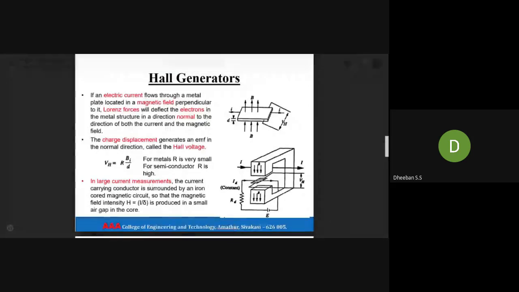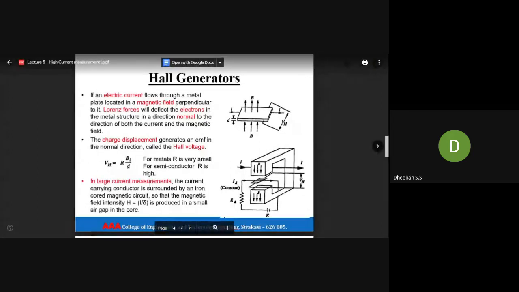Current is nothing but the flow of electrons, so these electrons will be deflected in the direction perpendicular to both the magnetic field and current. This is the basic principle of the Hall generator.